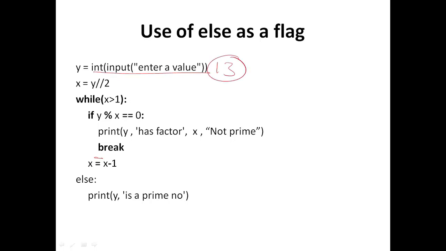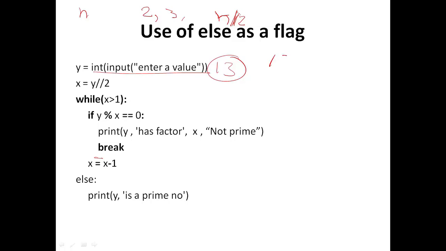To check whether a number is prime, suppose the number is n, we check whether this number is divisible by any of 2, 3 up to n by 2. In Python we will use floor division to get a floor value, not a decimal value, that means an integer value.